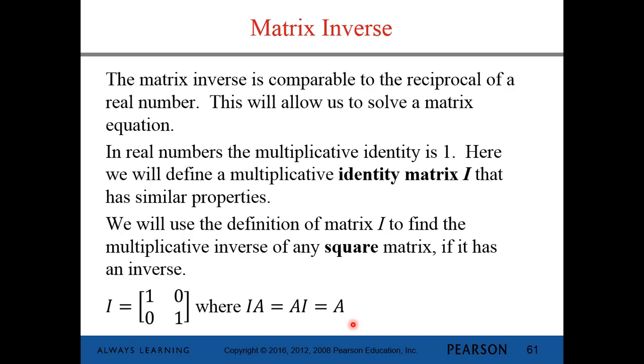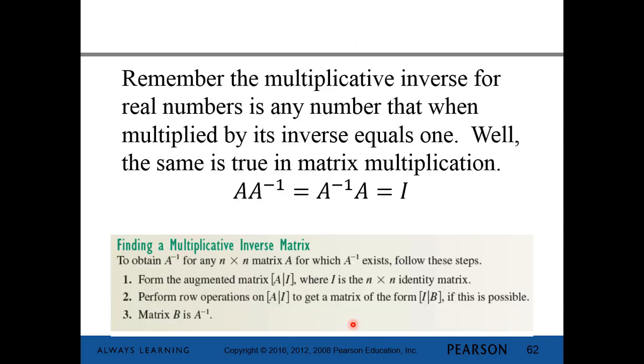Just like if you multiply 3 by 1, you get 3 because 1 is the multiplicative identity. It doesn't change the number. Similarly, when you multiply any matrix by the identity matrix, it will not change the matrix.